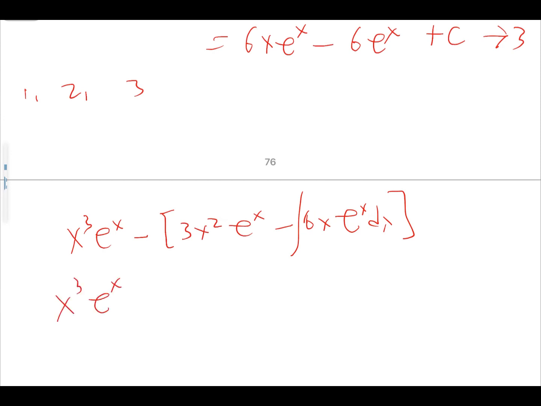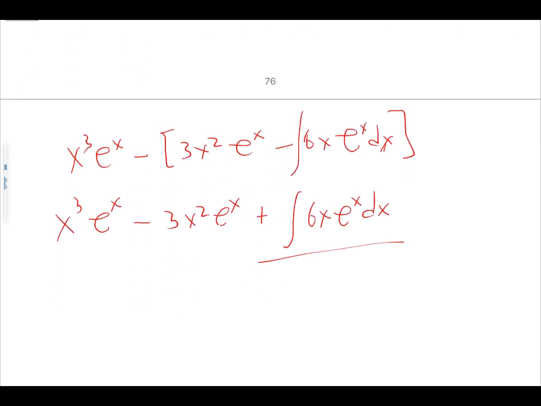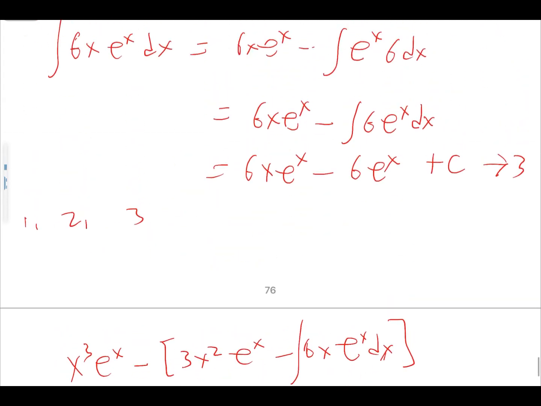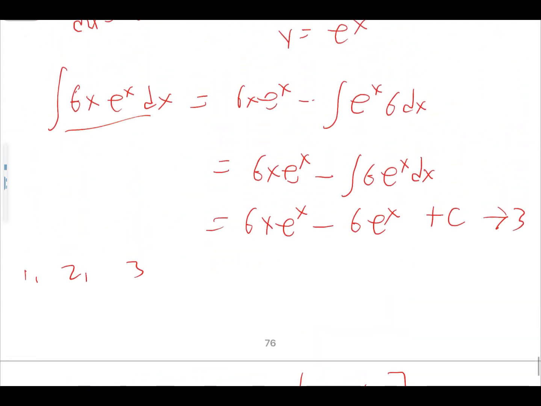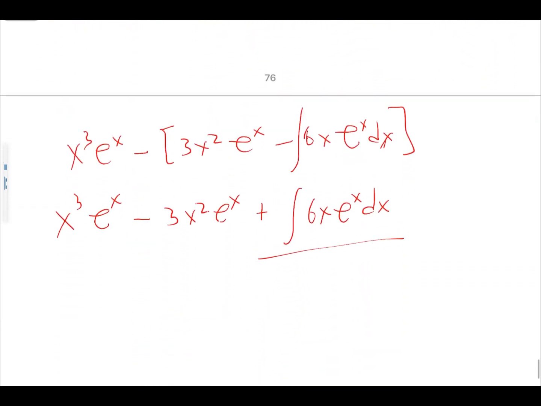And then let's simplify it before we add the other one. So x^3 e^x, when we simplify this, we are going to get negative 3x squared e^x. Negative times negative will give us positive, plus the integral of 6x e^x dx. So getting this, we know that our integral of 6x e^x dx, we also have its simplification here, which is 6x e^x.